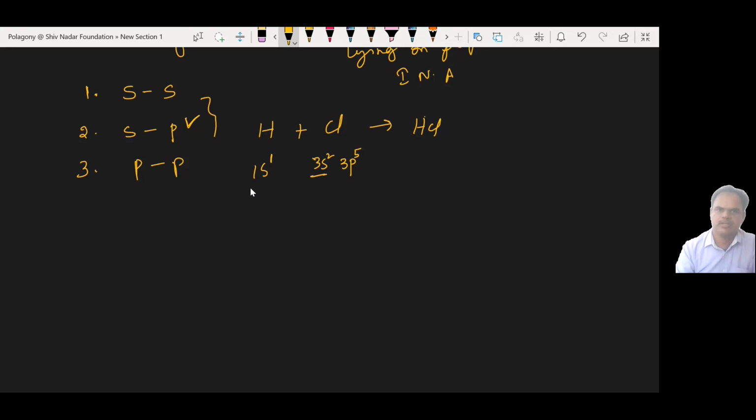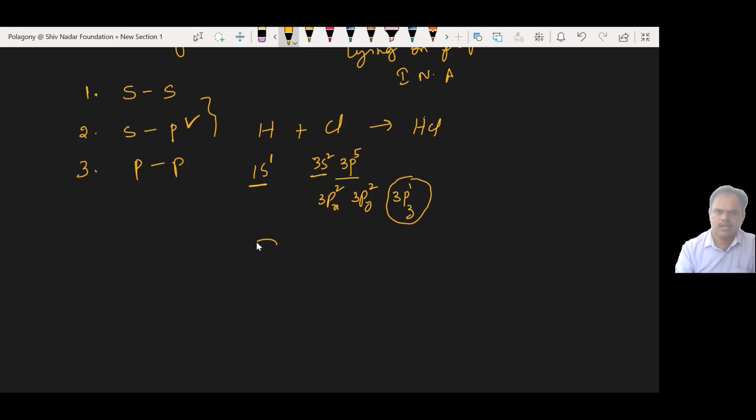The s orbital of hydrogen has an unpaired electron, so it can take part, whereas the 3p orbitals are divided into 3px2, 3py2, and 3pz1. Out of these, the orbital having the unpaired electron takes part in bonding when chlorine combines with hydrogen. That means the overlapping happens between the p orbital of chlorine and the s orbital of hydrogen.